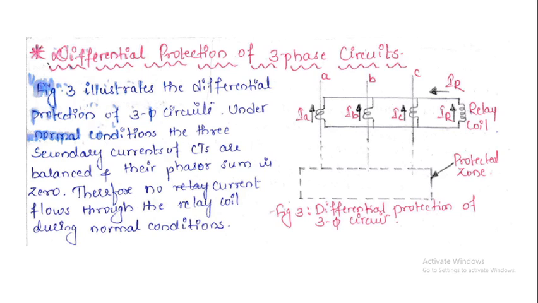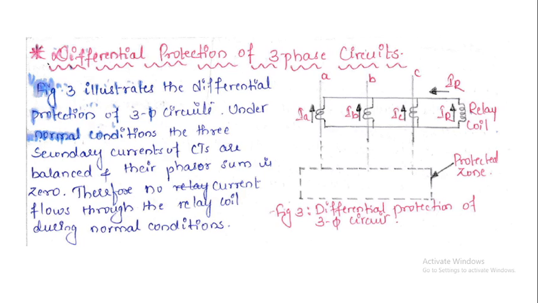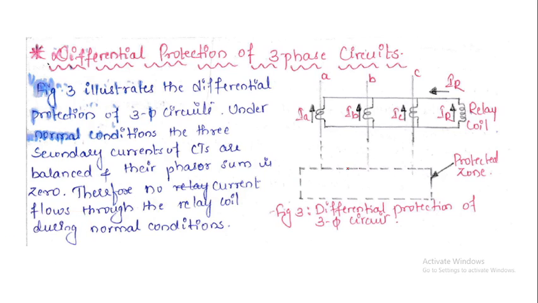Now, what happens if a fault occurs? When a fault occurs in the protected zone, the balance is disturbed and differential current flows through the operating coil of the relay. As and when any fault occurs in this protected system, say something goes wrong with phase A, the current IA flowing in phase A may become unbalanced.